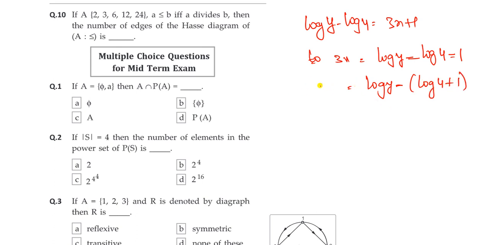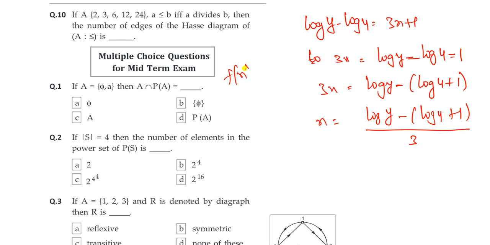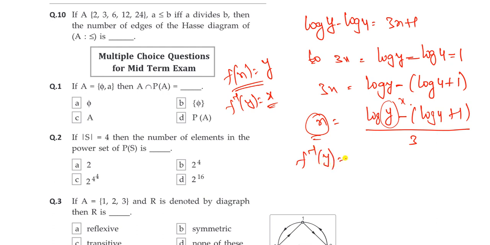Now x equals log y minus log 4 plus 1 by 3. This is what we have: f of x equals y, so f inverse of y equals x. So f inverse of y is equal to log y minus log 4 plus 1 by 3. This is the answer.